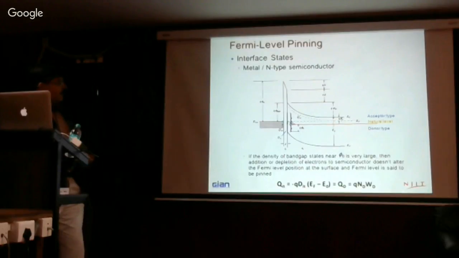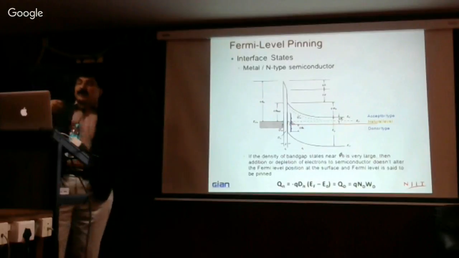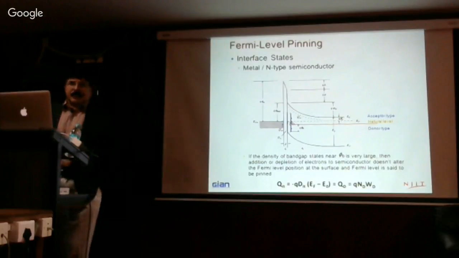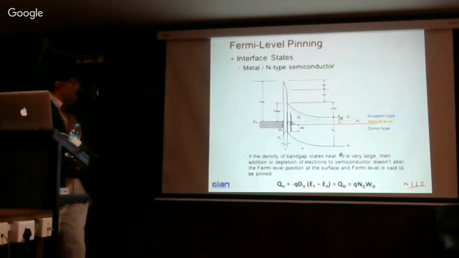Let's say this is the E0, the red line. And then this Fermi-level difference decreases because this is a fixed amount. And if DIT, the interface defects, is very large, typically mathematically infinite, that means very large, then the Fermi level will actually sort of be pinned to the E0 level.